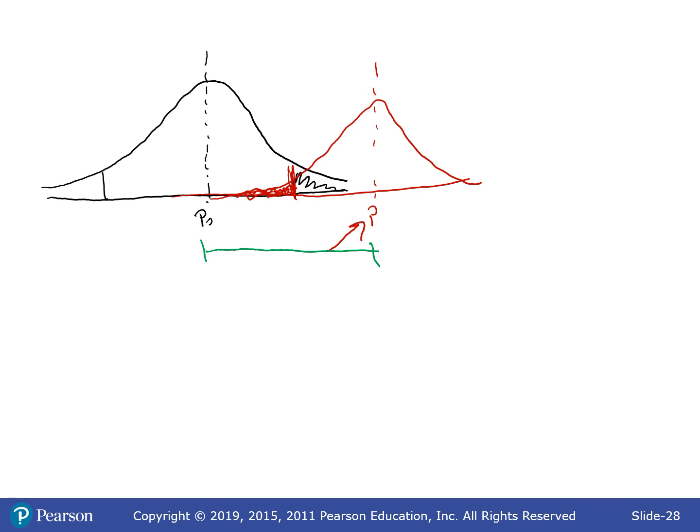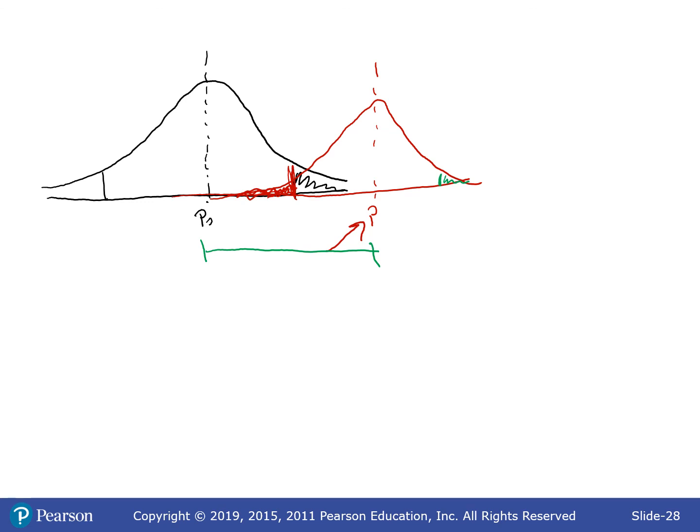Technically speaking, we would also reject if we were over here, but the probability on that for p naught is so small that it doesn't actually make a difference. So we look at the overlap. The bigger the overlap, the bigger the type 2 error.